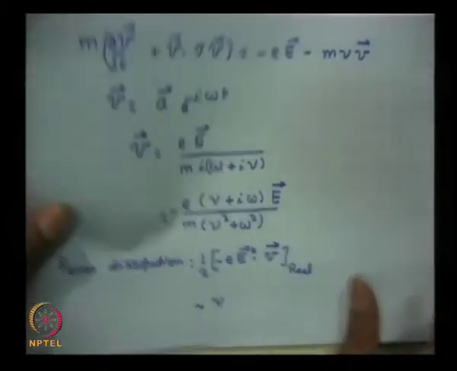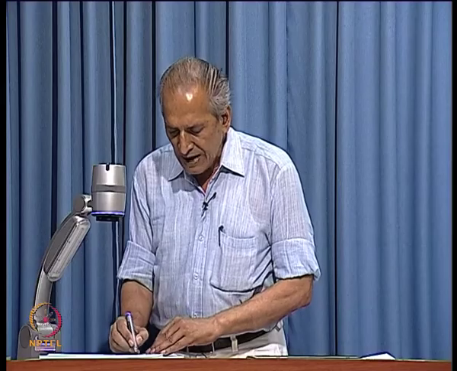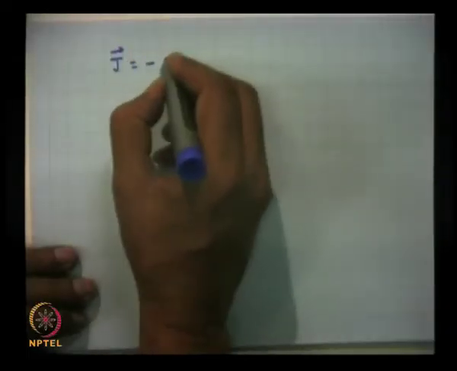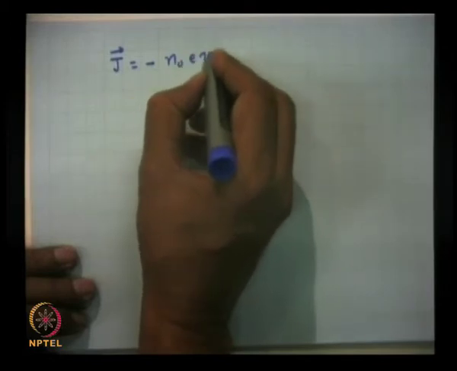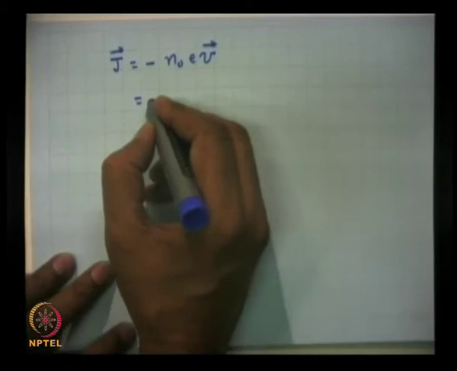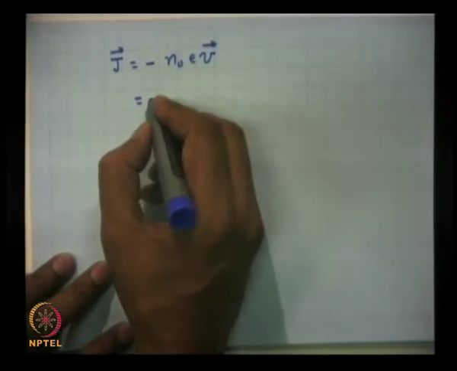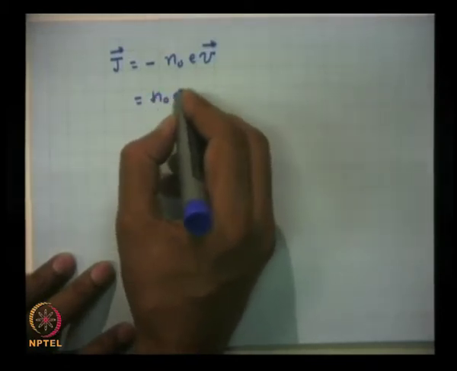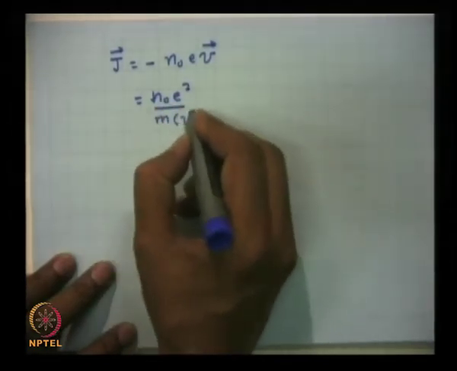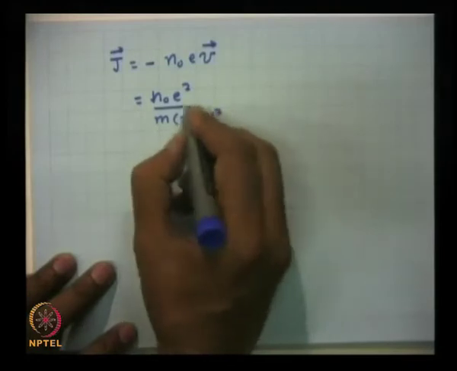So, if my plasma were of uniform density, I will get J is equal to minus N0 E V, and that will give me two terms here. One will give me N0 E square upon m, nu square plus omega square, into nu.